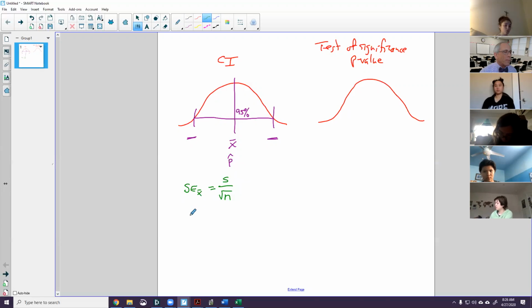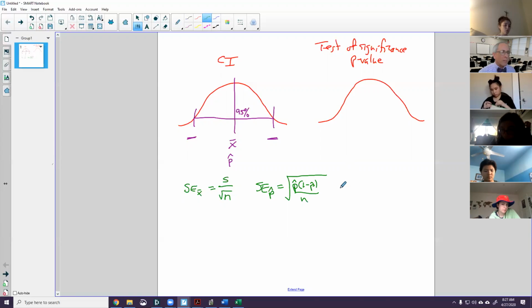If I was looking for the standard error of a proportion, that is for a categorical variable, then it's equal to the square root of p hat, the proportion I got from my data, that's the statistic, times 1 minus p hat, divided by n.